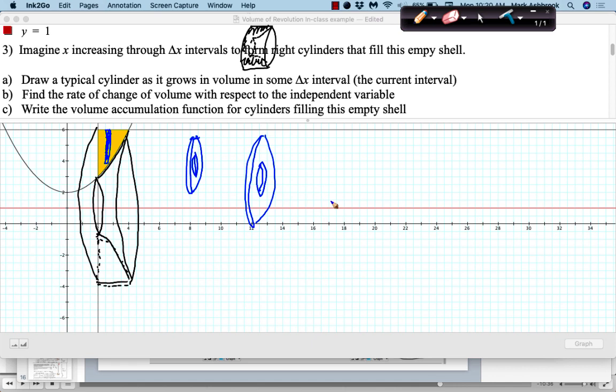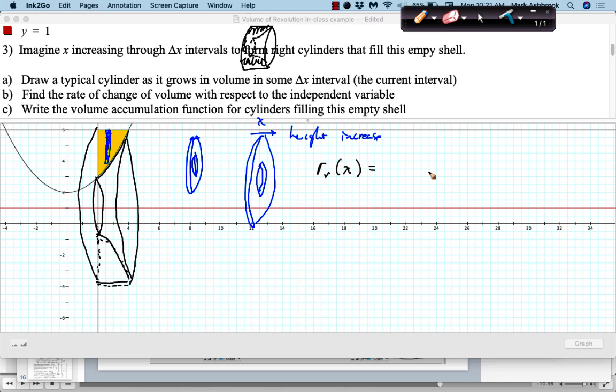Are they growing in radius or height in the current interval as we fill this shell up with cylinders? Height. X is increasing, so the height increases. Therefore, the rate of change of volume with respect to x is going to be area of the base or 2 pi RH?